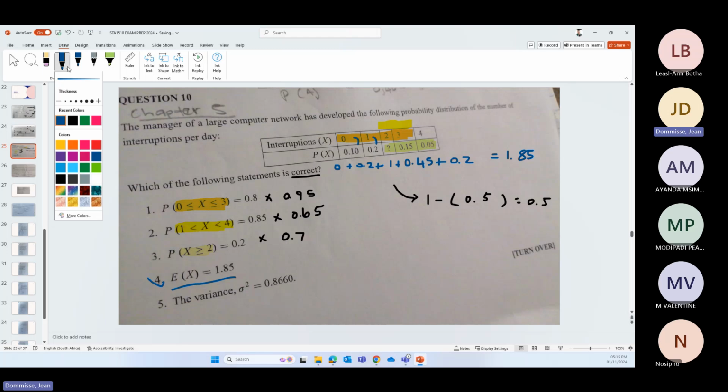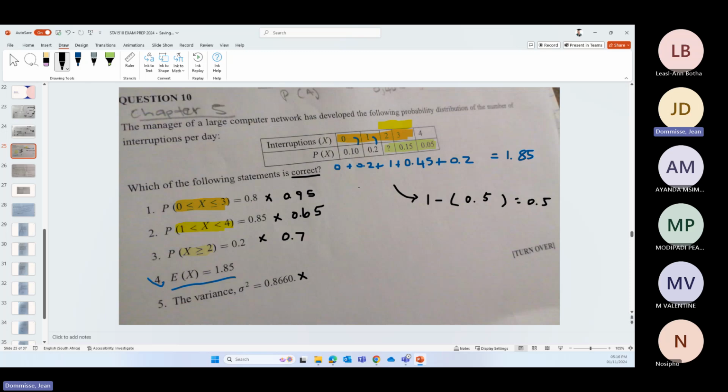So again, we don't now even need to work out the variance. We know that is incorrect. If you wanted to work out the variance, it is going to be a much longer process, because it is 0 minus that to the power of 2 times the probability, and then you need to do it for all of them.